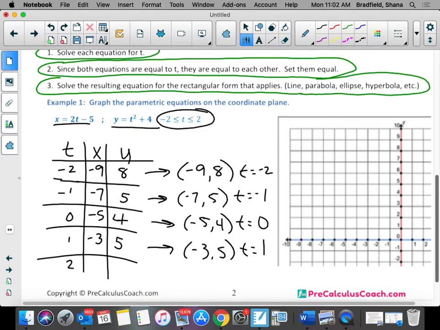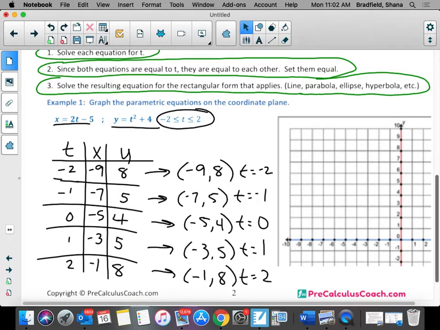And when t is 2, I'm going to have -1 and 8. Okay, so now I'm going to plot that on my coordinate plane. I'm not worried about the t. As I plot each point, then I can kind of identify my t value as well, but I'm going to graph the ordered pair.